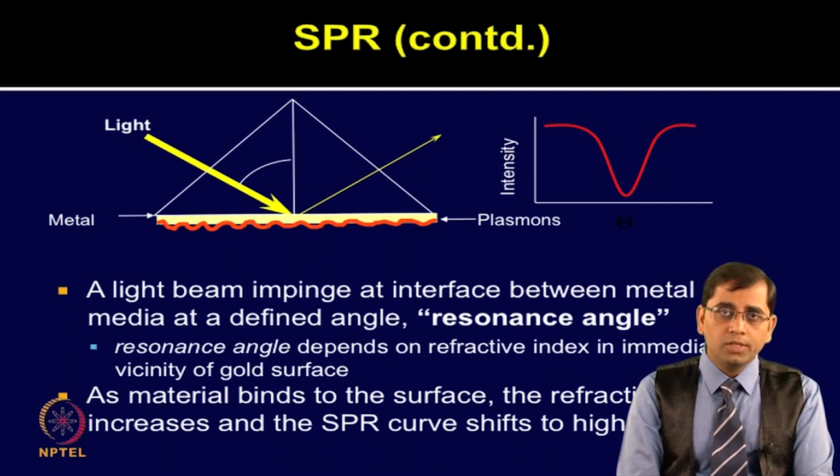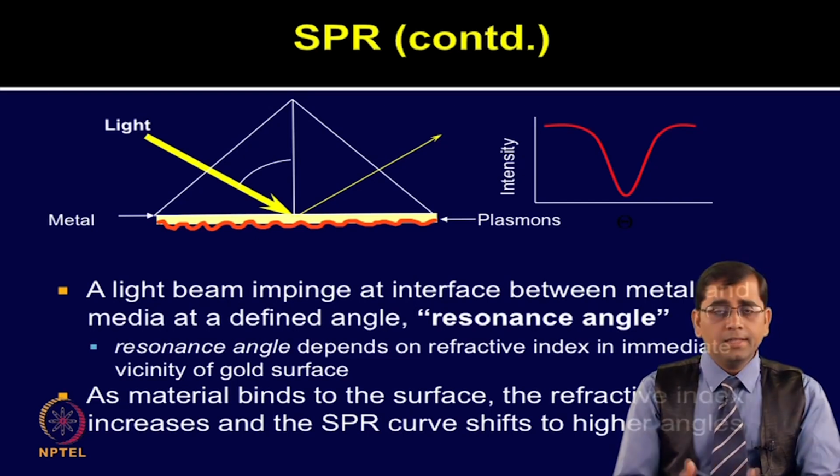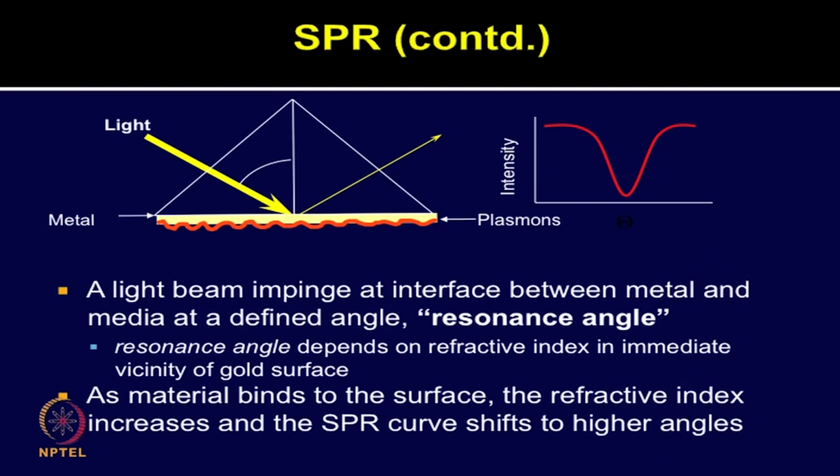When material binds to the gold surface, the refractive index increases and the SPR curve shifts toward higher angles. So, these changes in the angle of reflection of light, caused by the binding of the probe to the immobilized proteins, are measured for the characterization of biomolecular interactions in real time.